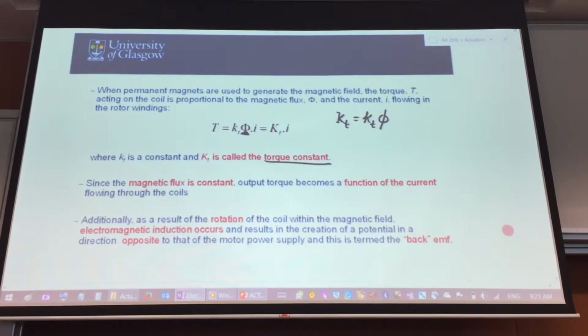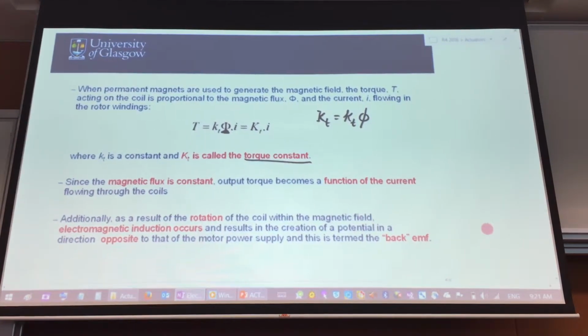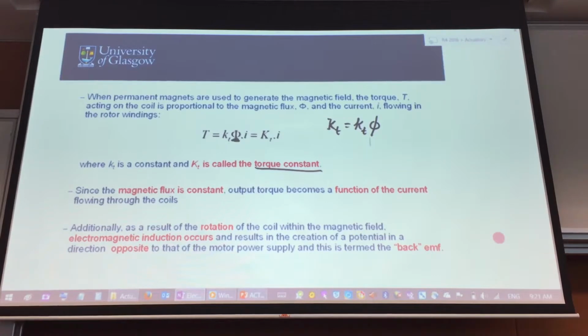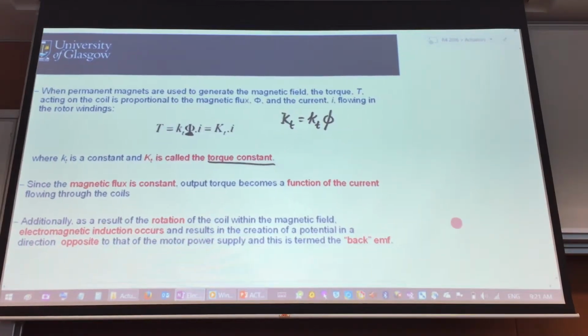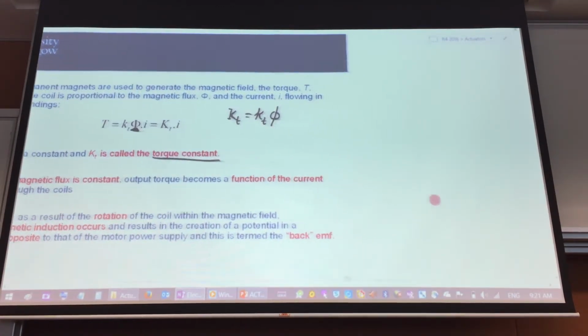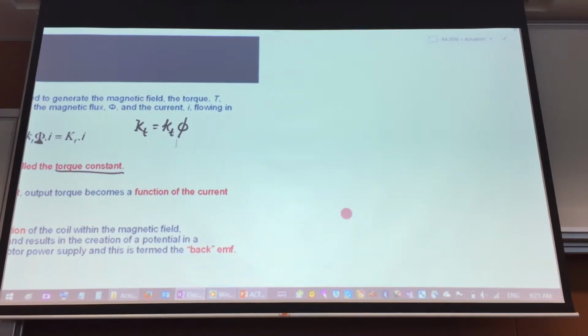So what I'm going to do is to sketch a motor schematic. The schematic of a motor can be drawn in the following way. You see that the following slides are very similar to what I'm going to be sketching.